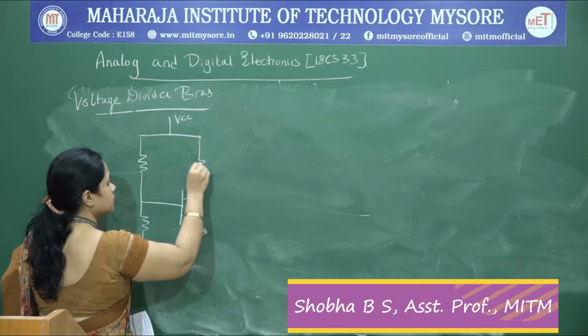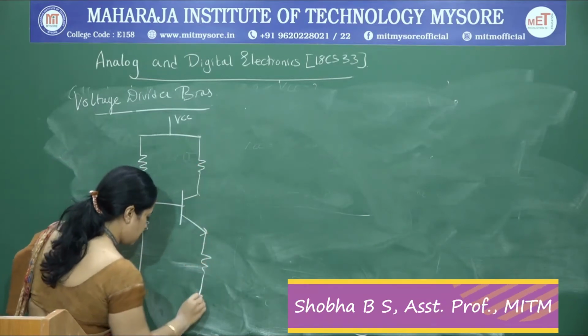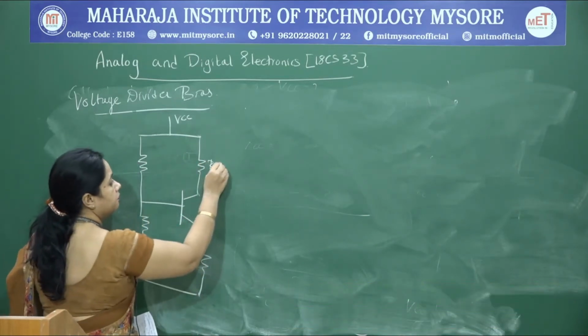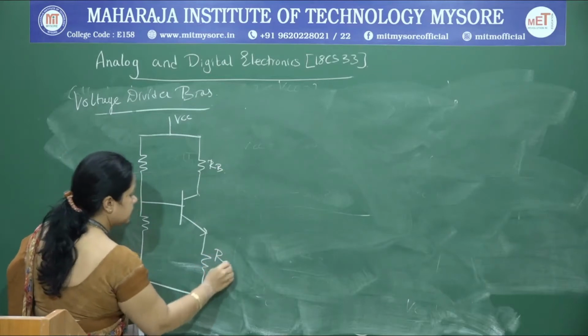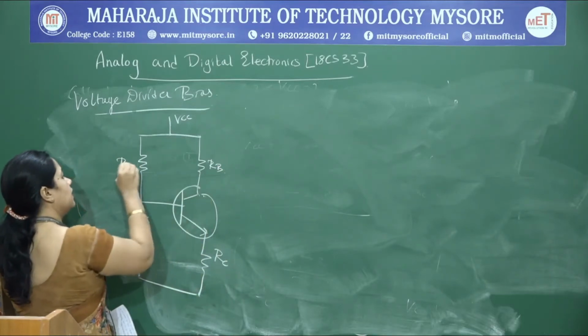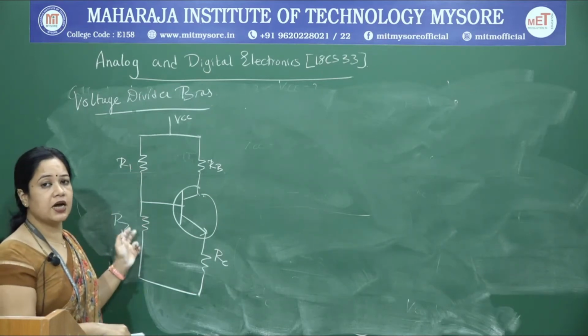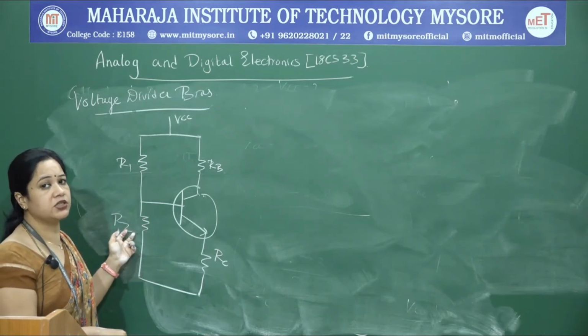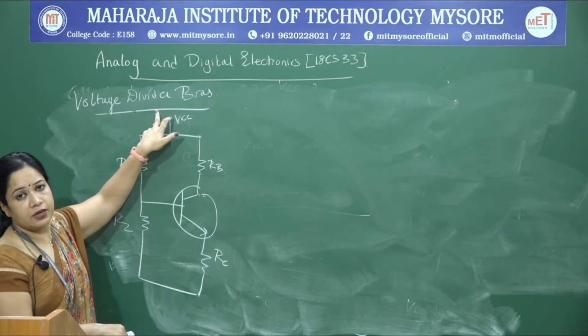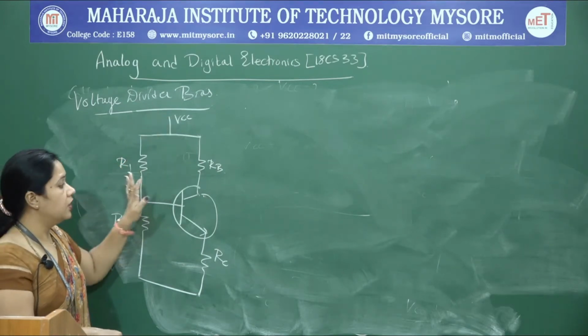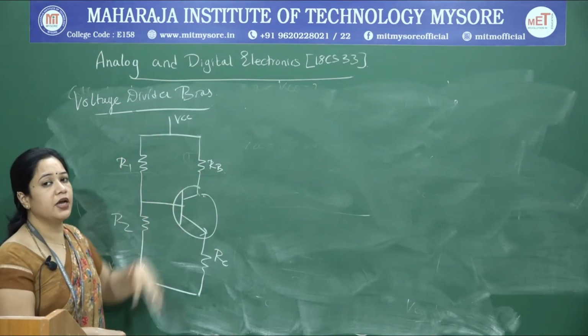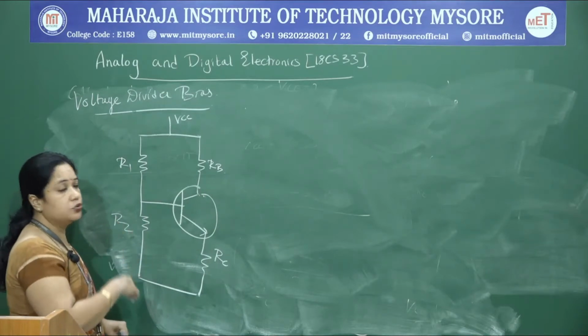So we have a base resistance RB, RC, and this is your R1 and R2. Because you find resistances R1 and R2 which act as a voltage divider, we have given it the name voltage divider bias circuit. And as I said, this offers better stability as compared to the earlier two circuits.